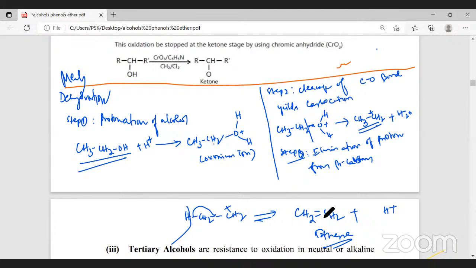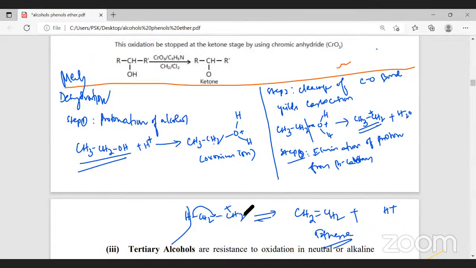Again, here it takes place in 3 steps. One is protonation of alcohol. Alcohol is protonated by reaction with an acid to form an ion called oxonium ion. This oxonium ion undergoes carbon-oxygen bond cleavage to form carbocation. From this carbocation, beta hydrogen is eliminated.